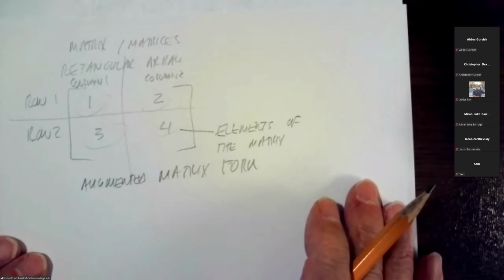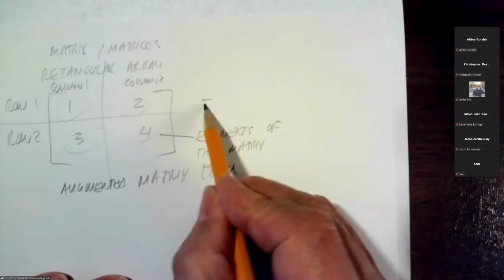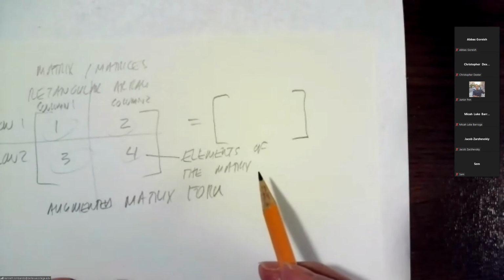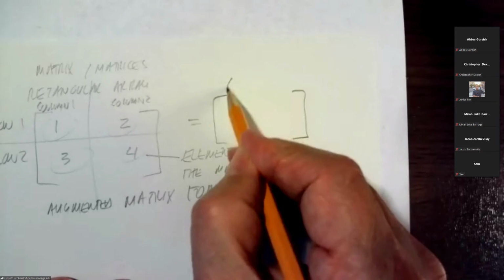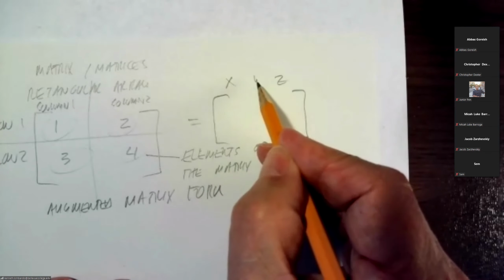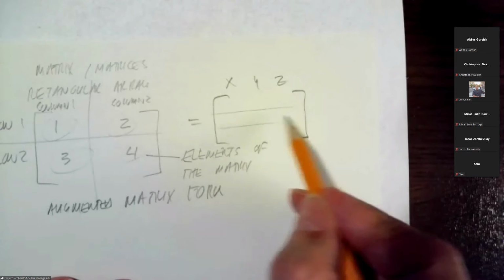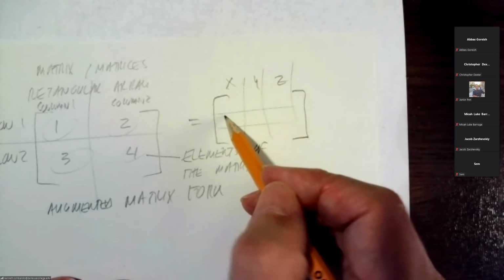And if we write it in augmented matrix form, then the coefficients of each variable I place, let me just go ahead and set something up. I might set up my augmented array, and the columns might be labeled X, Y, and Z, my variables. And then the rows here would contain whatever the coefficients of those variables are.